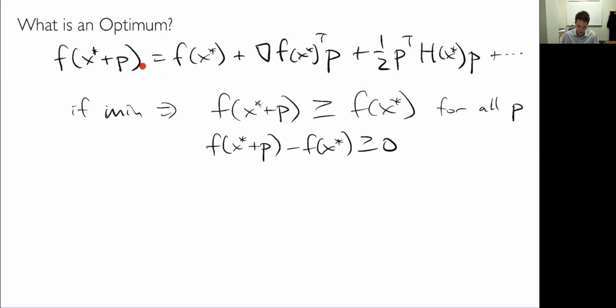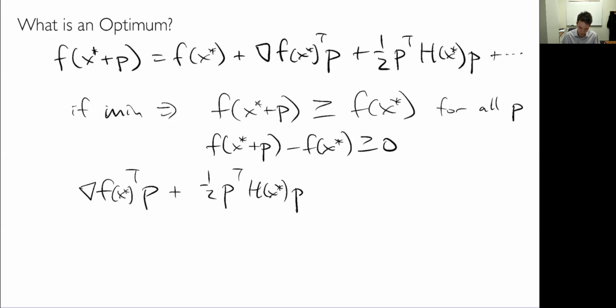Let's move this over. That's the same as this. So we're saying that has to be greater than or equal to 0. So that means this thing here, which is equal to this side, has to be greater than or equal to 0. So in other words, what we're saying is that this term that's left, the gradient of f dotted with p plus 1/2 p transpose H of x star p, must be greater than or equal to 0. Just following from what we said above.